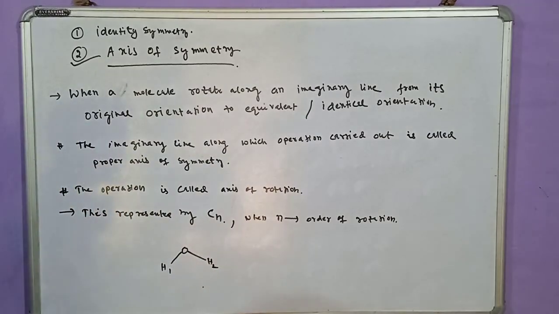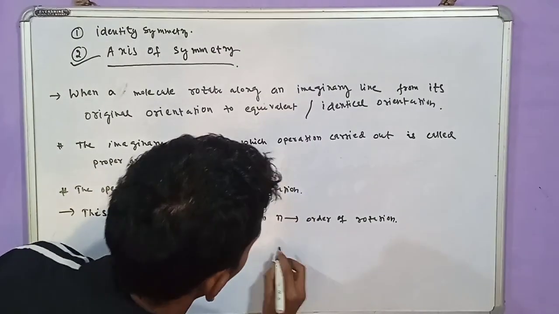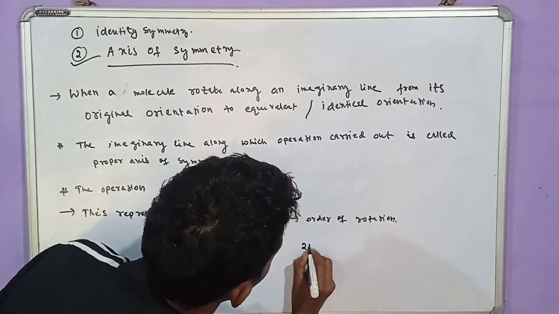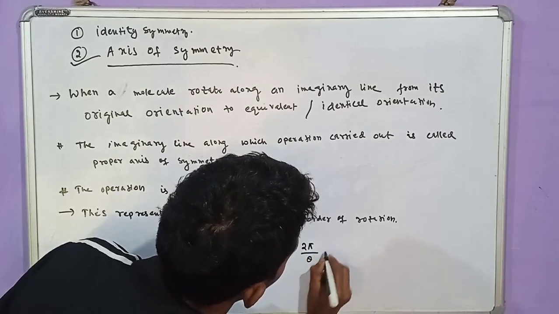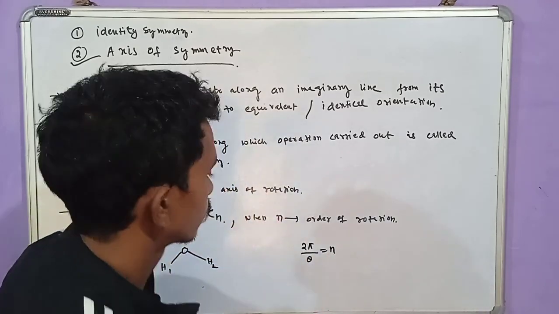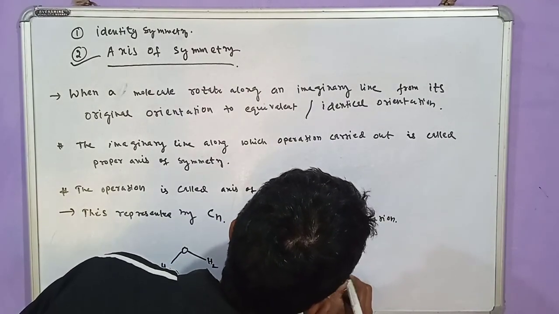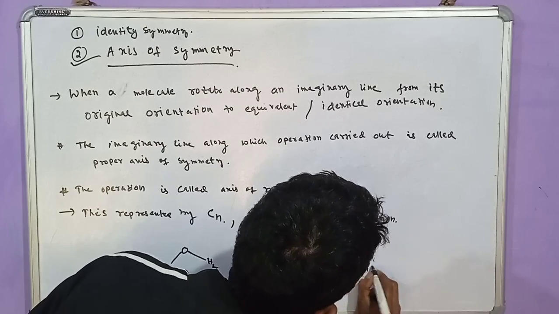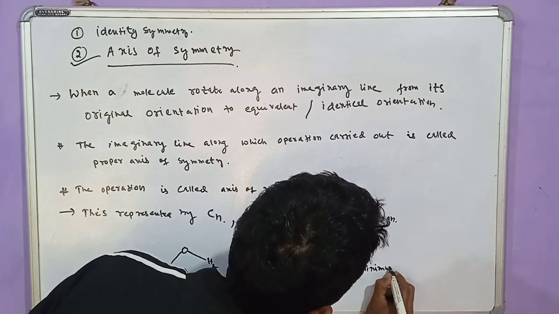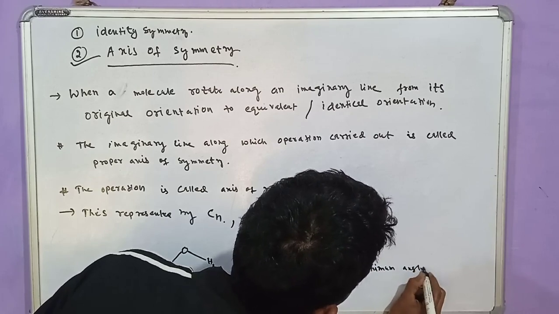Here 2 pi upon theta equals n, where theta is the minimum angle of rotation.